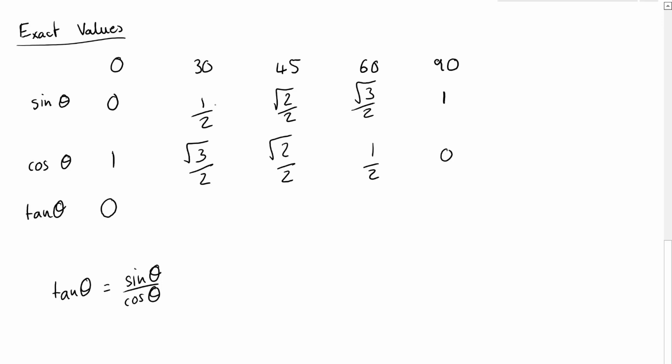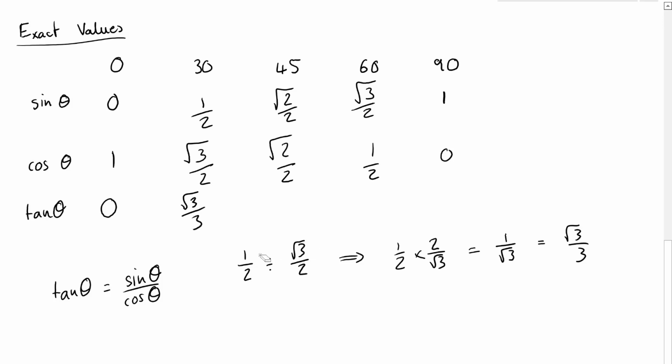If I have 1/2 divided by root 3 over 2, that becomes the same as 1/2 times 2 over root 3, and so this becomes 1 over root 3, but then I want to rationalize this, so this is going to become root 3 over 3.